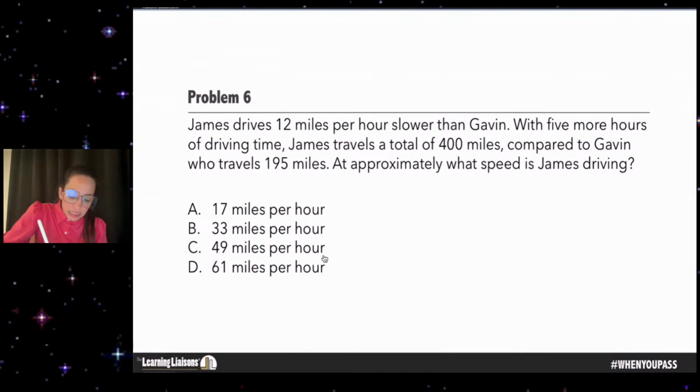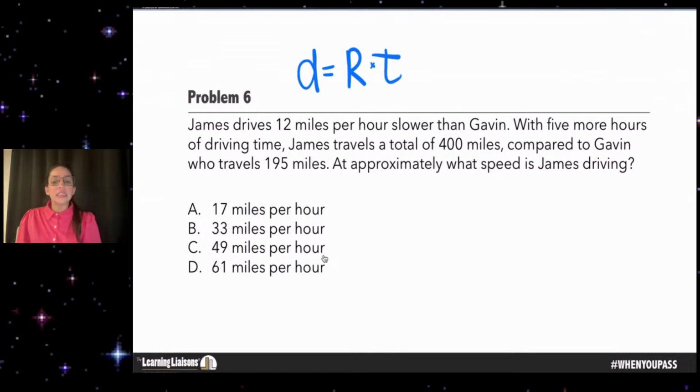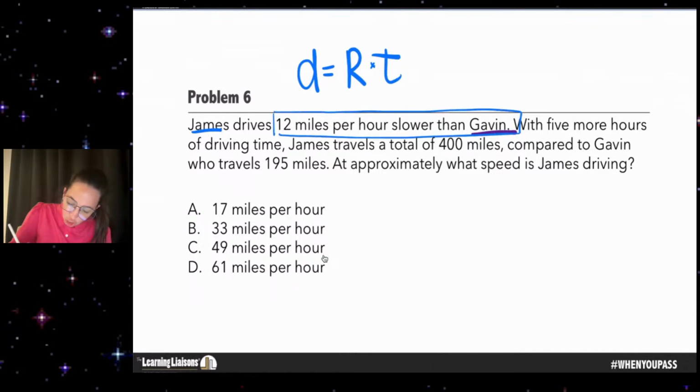So when I see speed and distance and all of that, my brain immediately goes to distance equals rate times time. Distance equals rate times time. And so we have James and we have Gavin. James drives 12 miles per hour slower than Gavin, and James travels 400 miles.